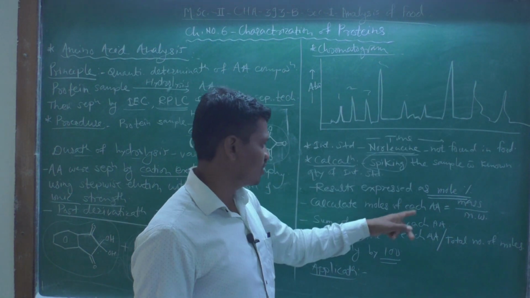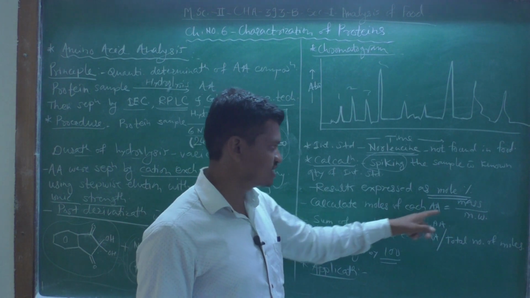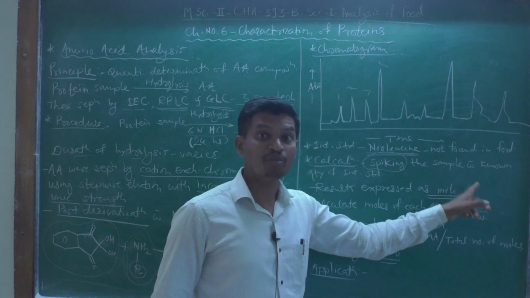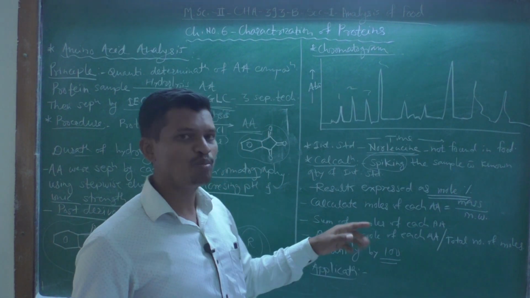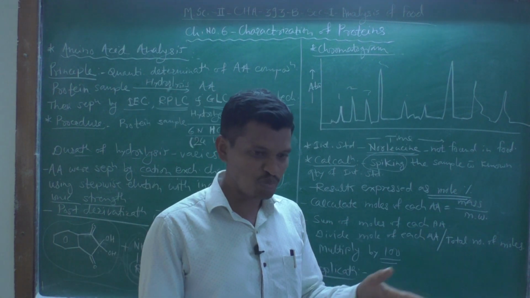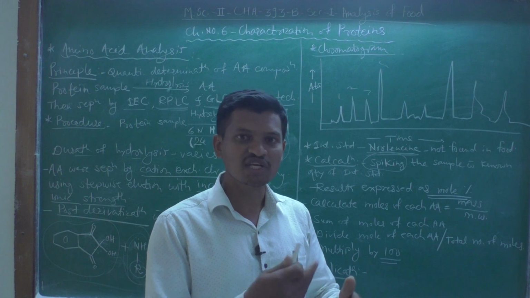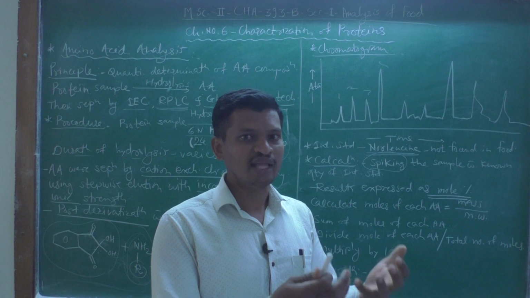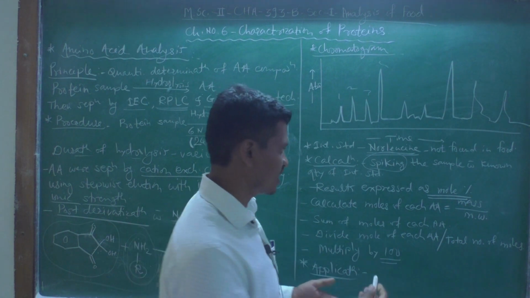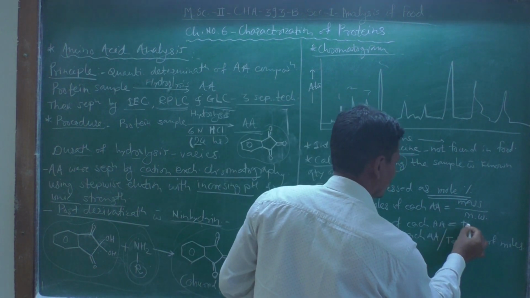Okay, then once the moles of each different amino acid have been calculated, do a sum of moles of all amino acids. It will give you the total number of moles present in that amino acid mixture.